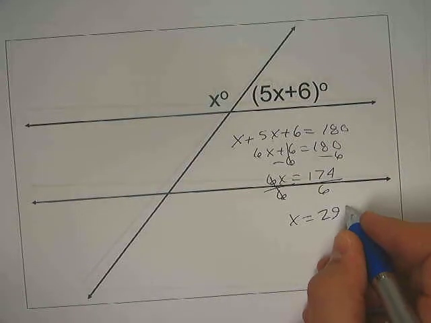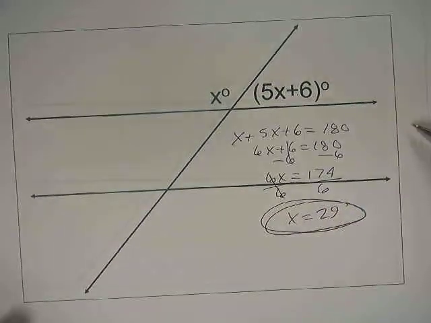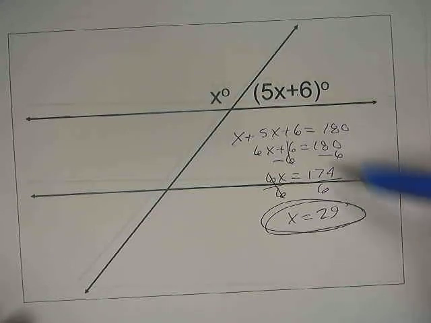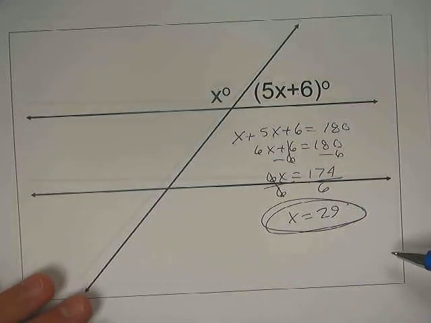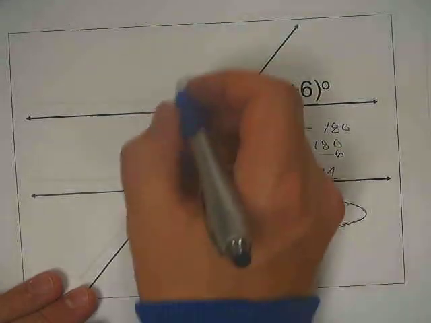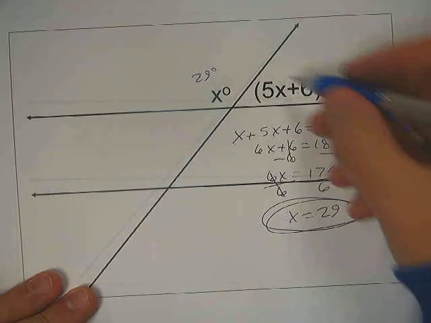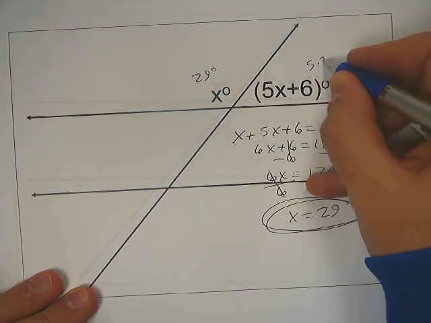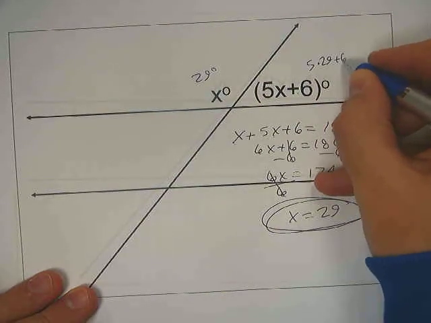X equals, let's see, I think 29. So you use properties of angles like we were just talking about to solve for missing variables like this. All right.